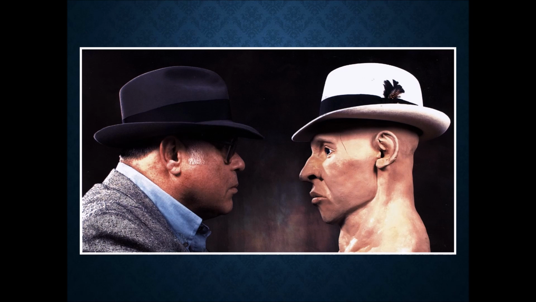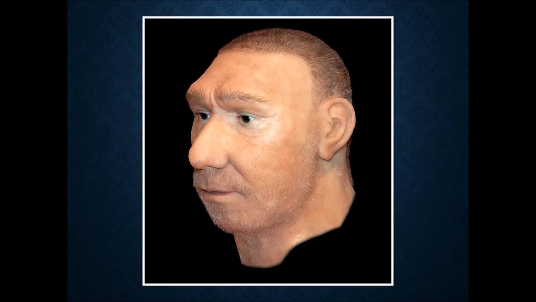Remember that first image that came out when the Neanderthal was discovered, with that big, brutish kind of beast? If you got an Uber and that was the driver, you'd be like, no, swiping left on that one, right? But truth is, here's a better reconstruction. This is a computer-generated reconstruction of a Neanderthal that looks pretty good.